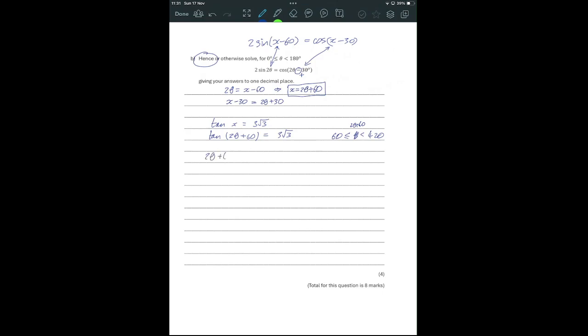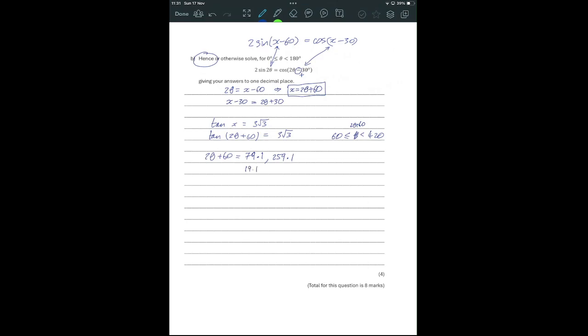So 2 theta plus 60 is, the first calculator answer is 79.1, and adding 180 for the symmetry of the tan curve, that is only a 360 range, so I'm only expecting 2 answers. So now let's undo the stuff. So let's subtract off the 60.